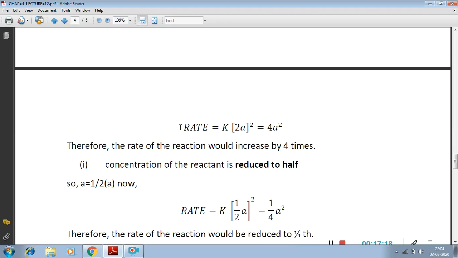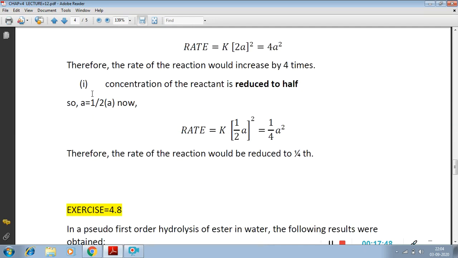So the new equation will be rate is equal to K into 2A square. So we will get 4A square. Now here you can see 4 into K into A square is there. Make a correction here. Multiply this 4A square by K. So from that you can see the rate of reaction would increase 4 times here.